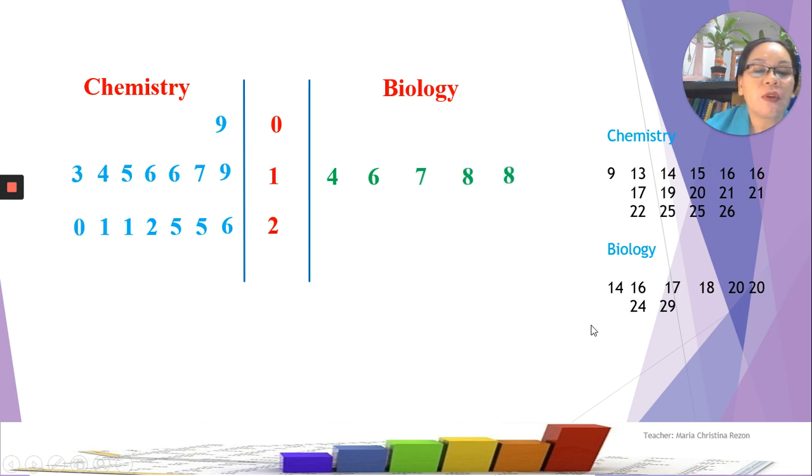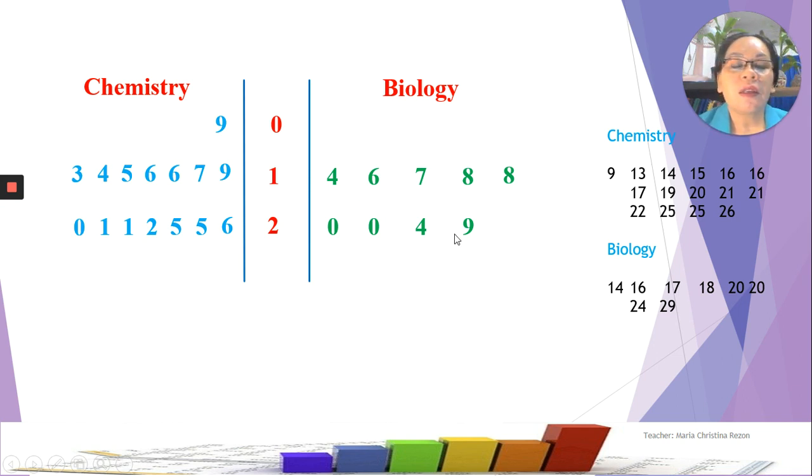And then for data that has 2 in its tens digit, we will align it here. So you'll have 0, 0, 4, and 9, because you have two 20s, and then you have 24 and 29.